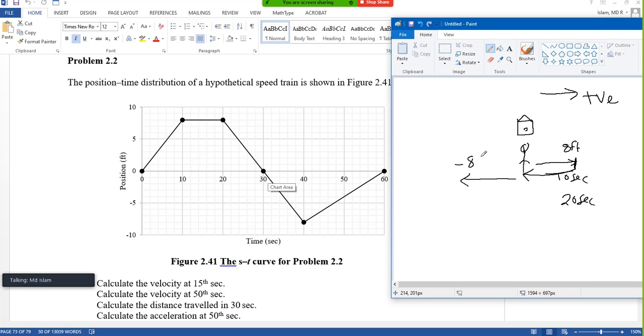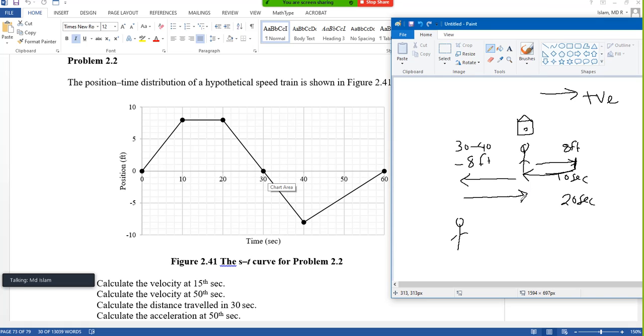This is minus 8, and my second is 30 to 40. And then after coming here, I stopped, but again went back.